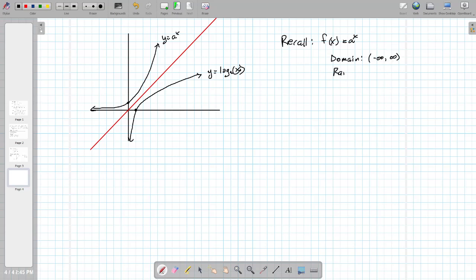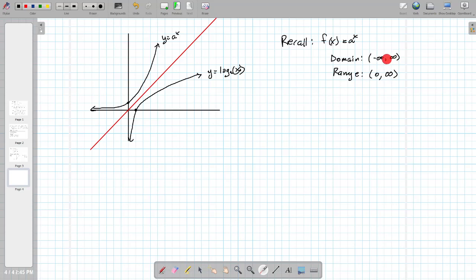And the range is 0 to infinity. Now, remember also that when we find the inverse of a function, we essentially interchange our x's and y's. So we actually interchange our range and domain as well, because now everything that could have been a y value becomes everything that could be an x value.